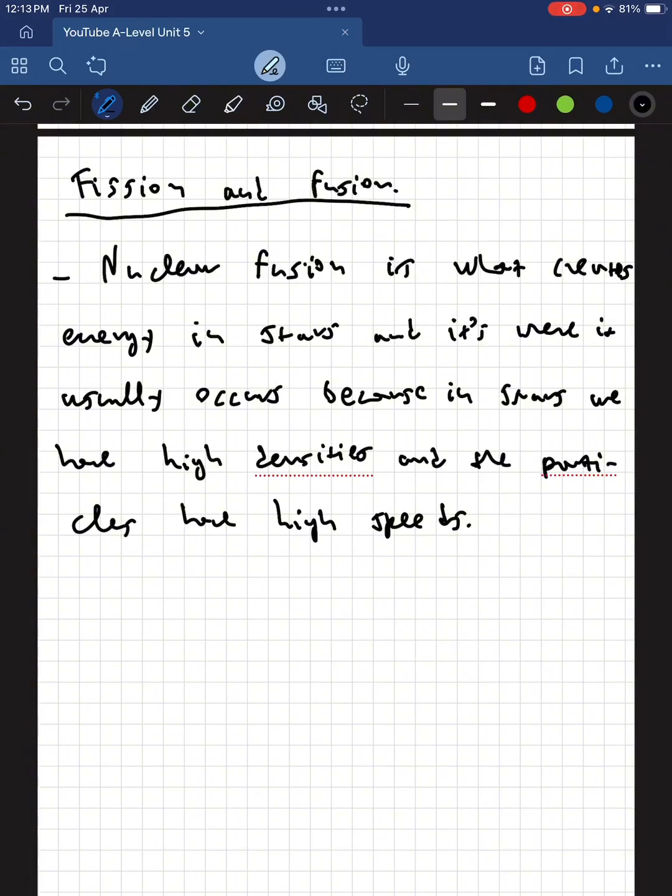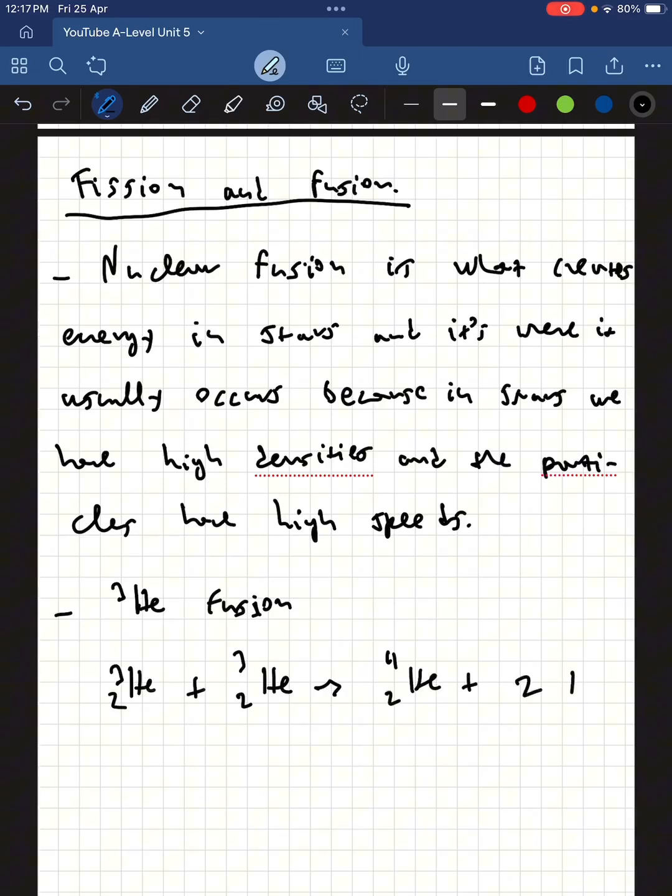Now let's see an example of fusion. So we have helium-3 fusion with itself. So you have helium-3 plus helium-3 producing a helium-4 atom plus 2 hydrogens, okay?